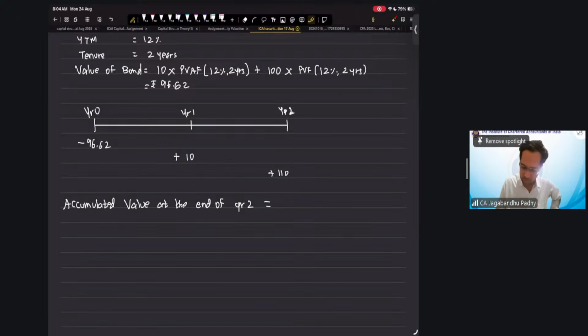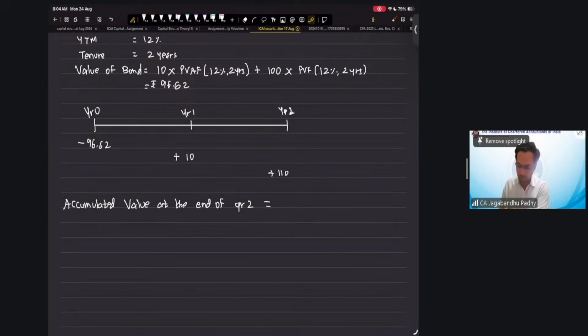So are you assuming that this 10 rupee will not be invested for one more year? I mean, are you not going to reinvest it for 1 year? Yes or no? So it will be reinvested, right?